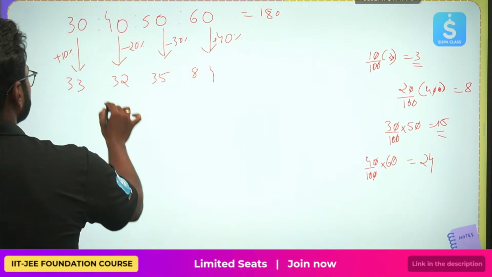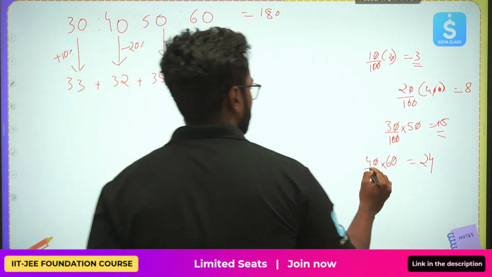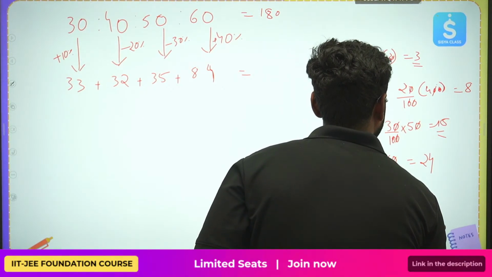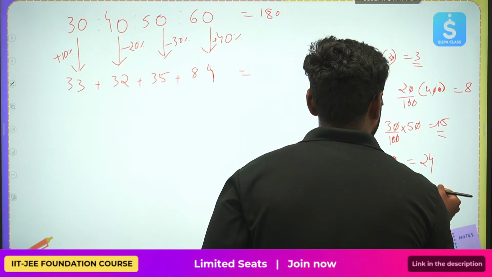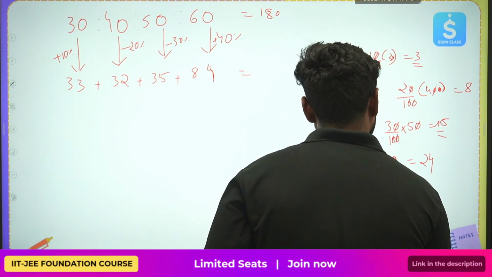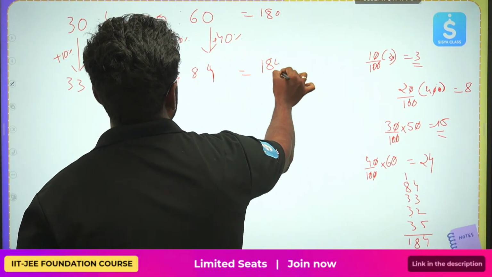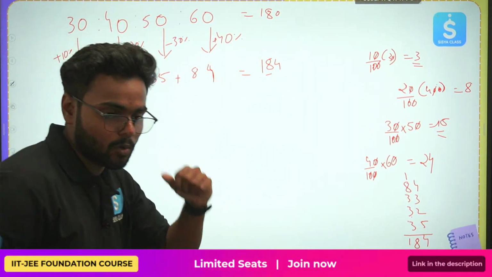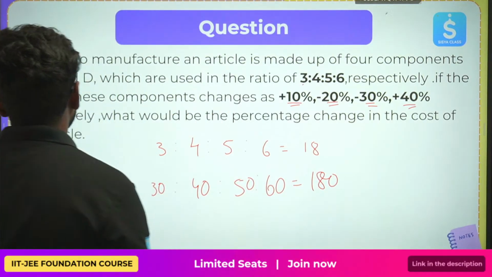Now, if you add them, that should be 84, 33, 32, and 35. You're getting 184, right? First we had 180 and then it is increased up to 184. What did he ask? He asked what would be the percentage change in the cost of the article.